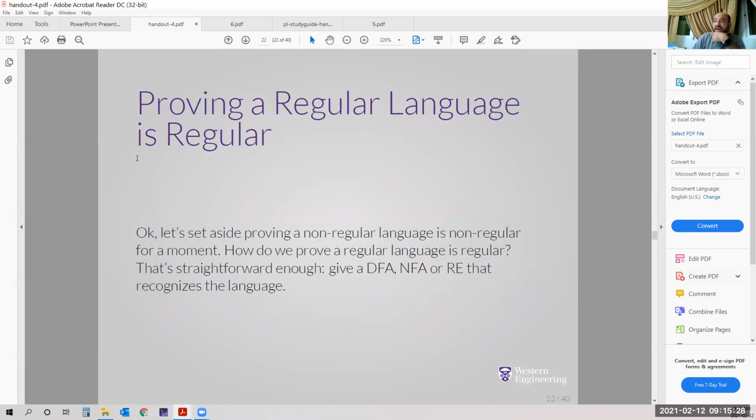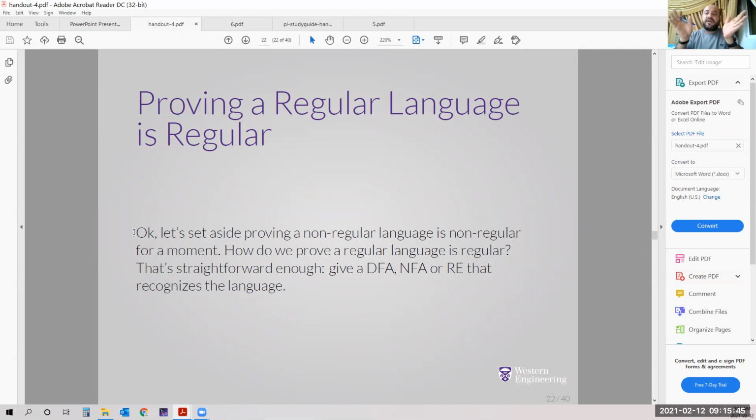Proving a regular language is regular. Okay, let's set aside proving a non-regular language is non-regular for a moment. How do we prove a regular language is regular? That's straightforward enough: give a DFA, NFA, or regular expression that recognizes the language.